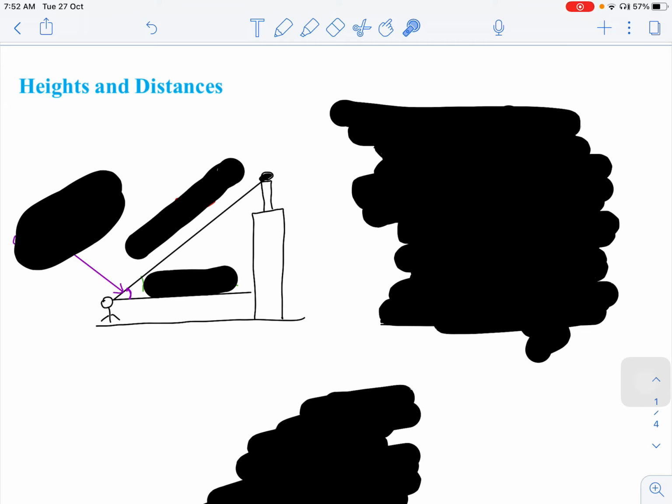This line which is straight from his eyes is known as horizontal. Remember what I told, the line which is straight from the eyes is known as horizontal.